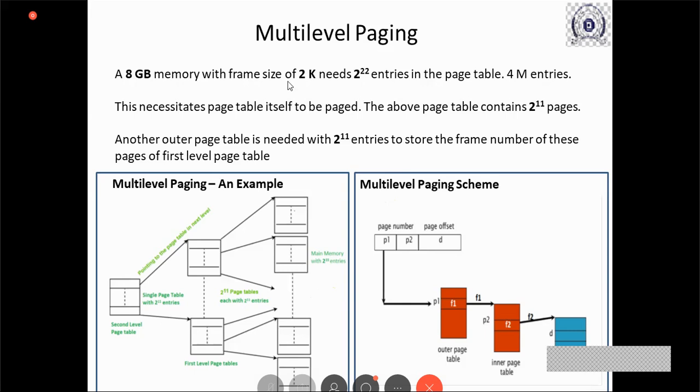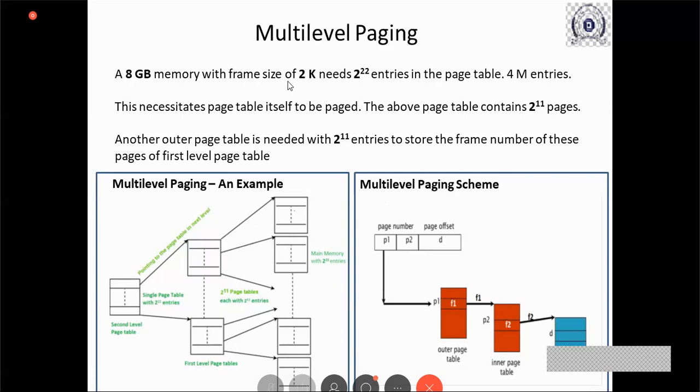Correspondingly, we will have 2^22 entries, or maximum 2^22 entries in the page table. But we know that the size of a frame or a page is only 2^11, that is 2K. In order to store these 2^22 entries, we have to again use frames in memory, because the page table needs 2^22 entries.